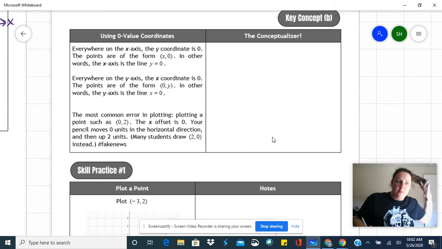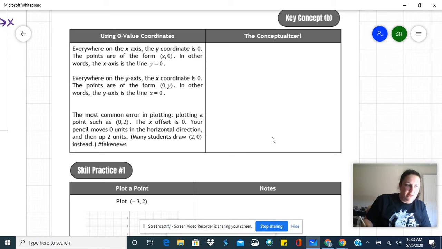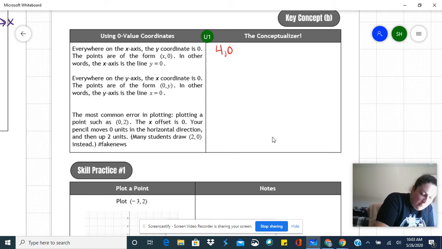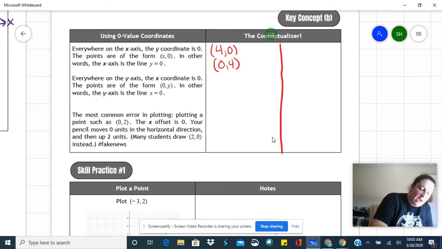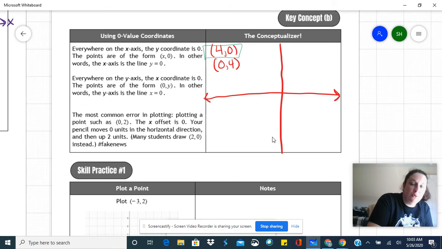But anyway, so when we go about doing this, we want to look at the concept, right? So if we have the point, I'm just going to make up a random one, 4, 0. Remember, your x comes first. So for this one, we're going to just count 4 to the right. 0, 1, 2, 3, 4.